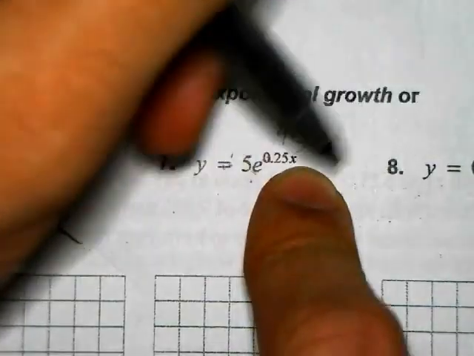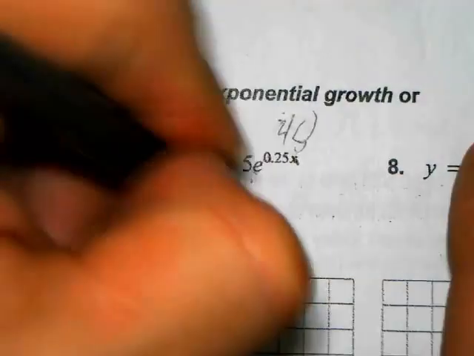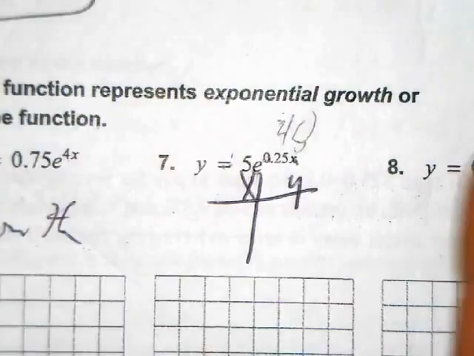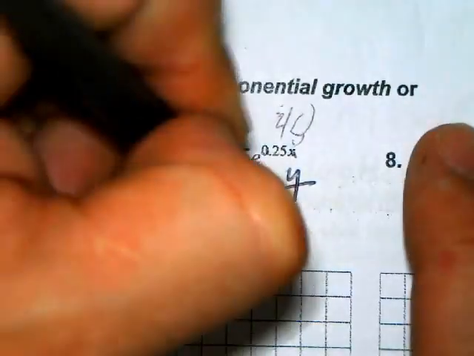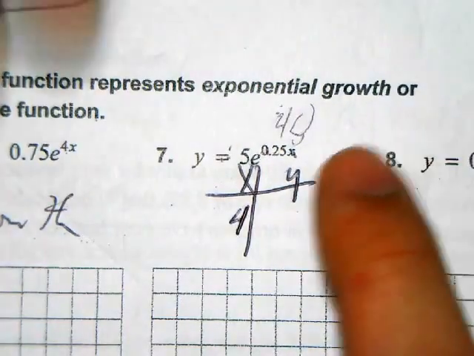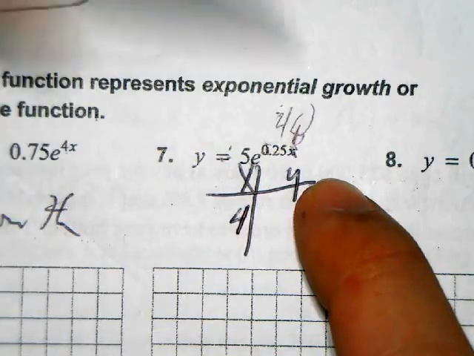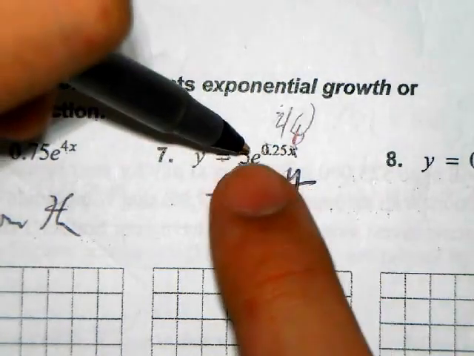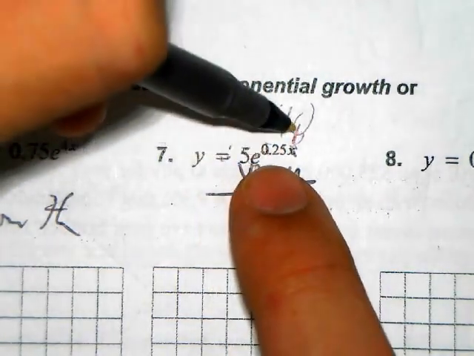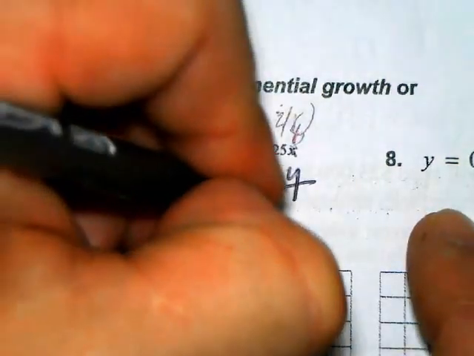Okay. If x, let's do a little chart. If x is 4, 1/4 of 4 is 1, right? And this means it's going to be 5 times e to the first power. So 5 times e.